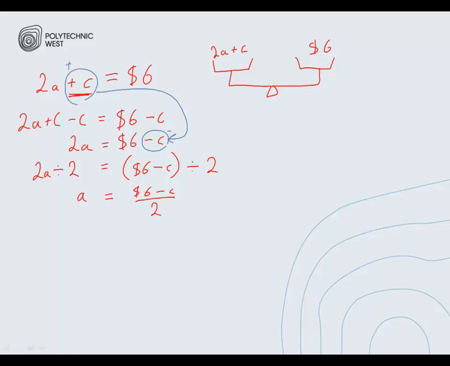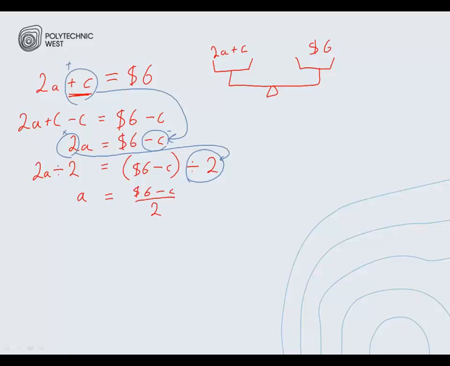And this 2, which is multiplying over here, got shifted to the other side, and it's dividing. So by doing the same thing to both sides, effectively we're taking the thing we're trying to get rid of, shoving it over the other side, and doing the opposite function with it.